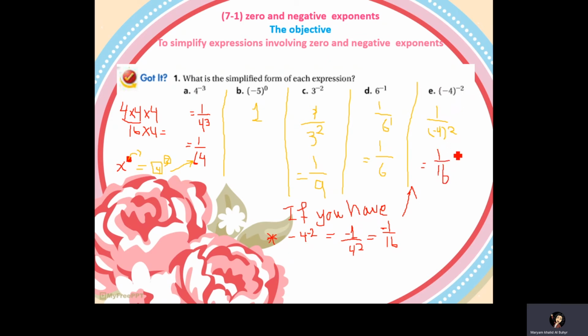One more note I have to tell you. For negative numbers, if the power is even, that means the result will be positive. While if the power is odd, that means the number will be negative. So that's for this part.